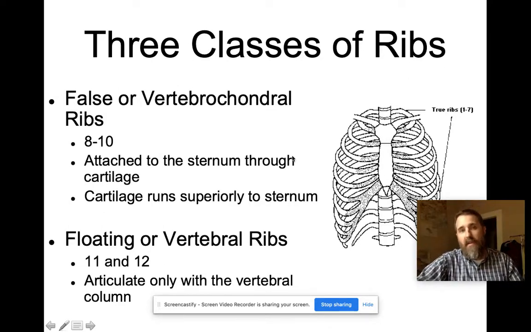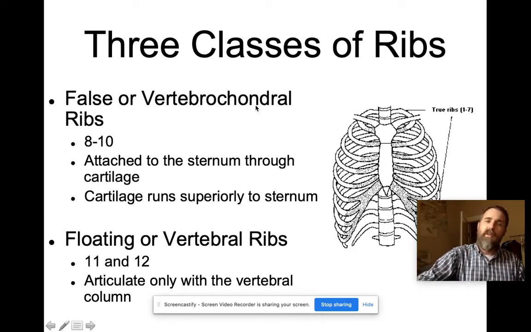Now we have the vertebral chondral ribs, or the false ribs. Anytime you hear the word chondral, that means cartilaginous. The false ribs, the vertebral chondral ribs, are called that because they don't attach directly to the sternum like ribs 1 through 7. Let me make sure I'm pointing to the right one.